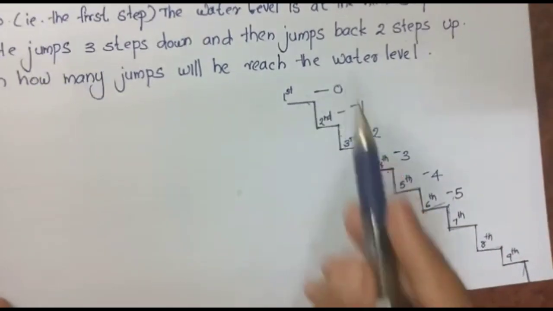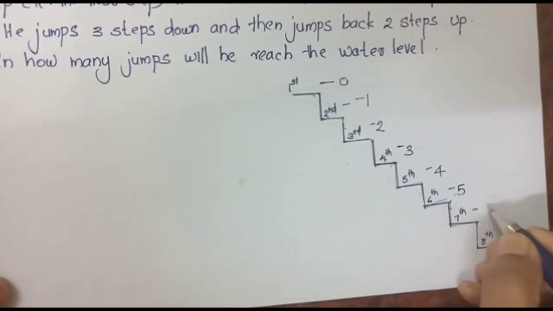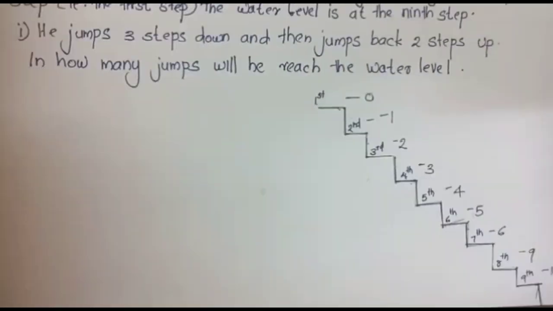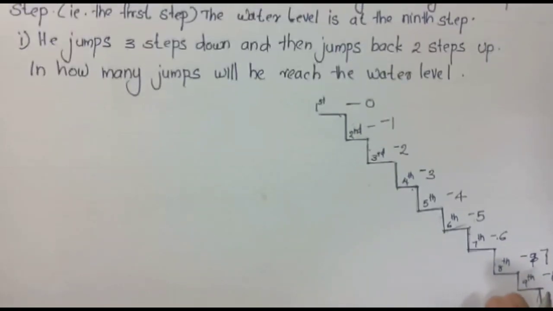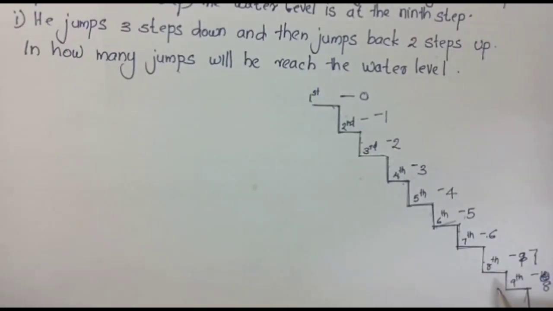First step is 0. 7th step -6, then 8th step -7, 9th step -8. Now the monkey has to reach the 9th step to drink the water, that is -8.